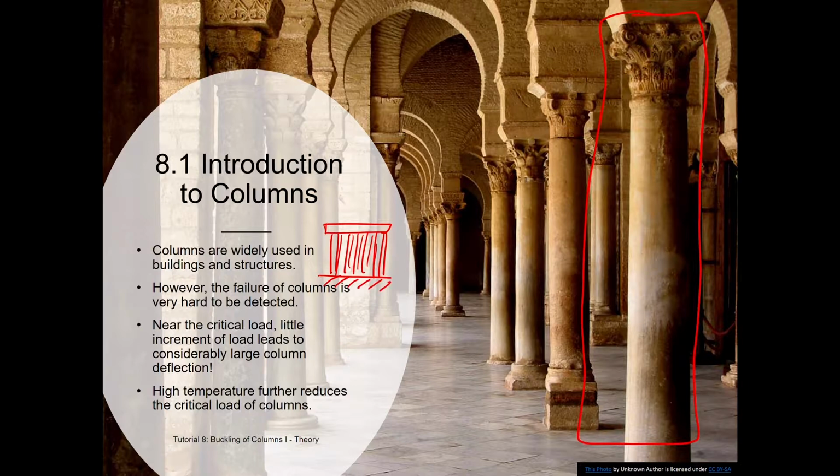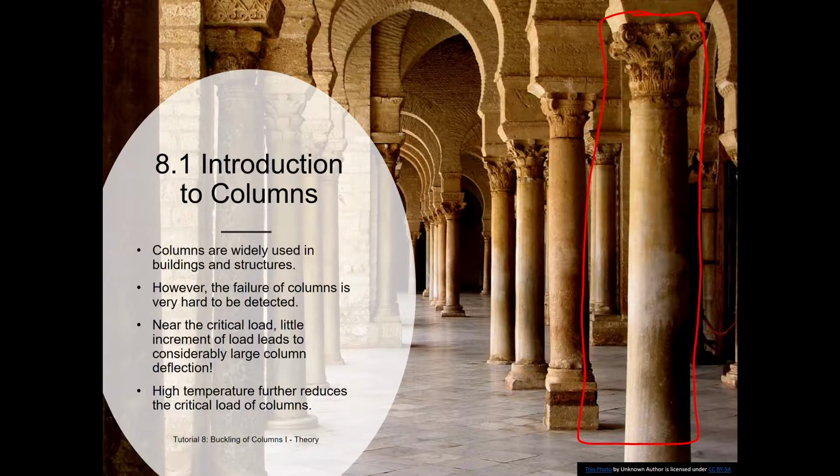Now we are going to study the mechanics of those columns. The failure of columns is very hard to detect, because the column deflection problem, or the column buckling problem, is not really about the extent of deflection or the stress.